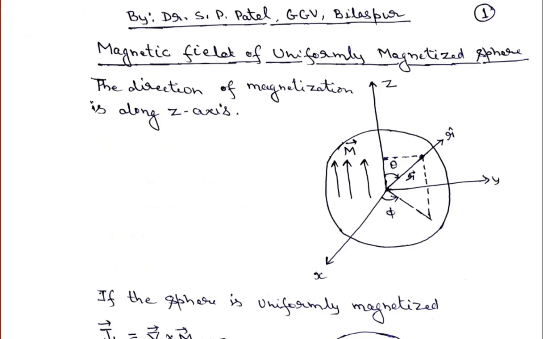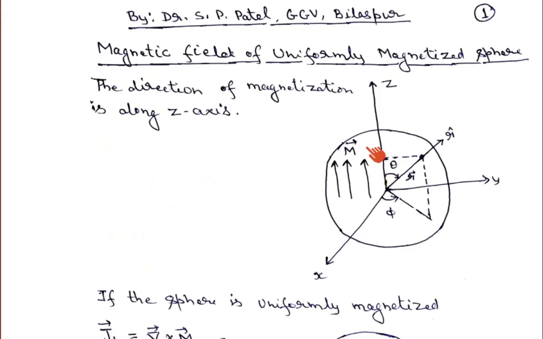So in this lecture we'll try to solve a few numerical problems. I'm giving the basic concept, and I will try to solve for the magnetic field of a uniformly magnetized sphere. Let us say we have a uniformly magnetized sphere, and the magnetization of this sphere is along the z axis.